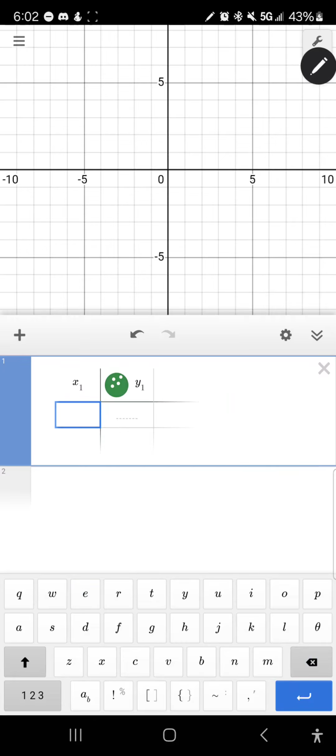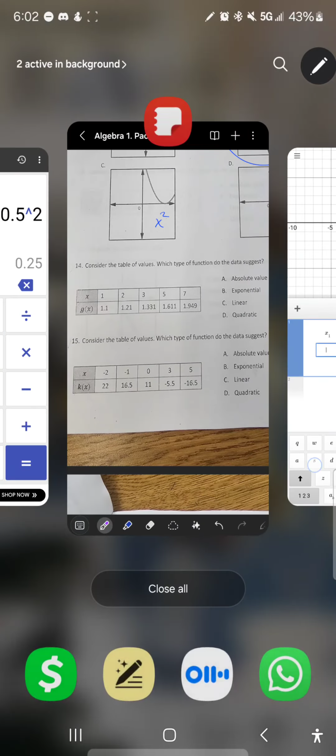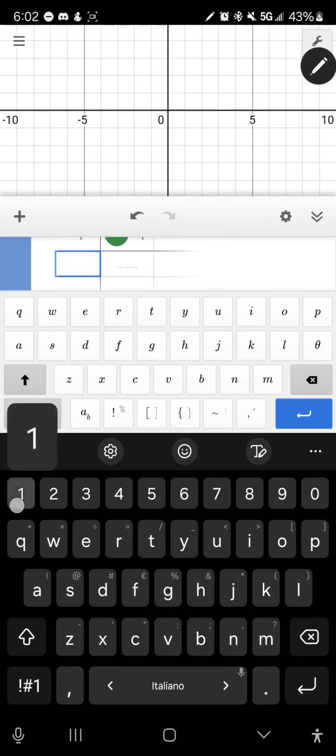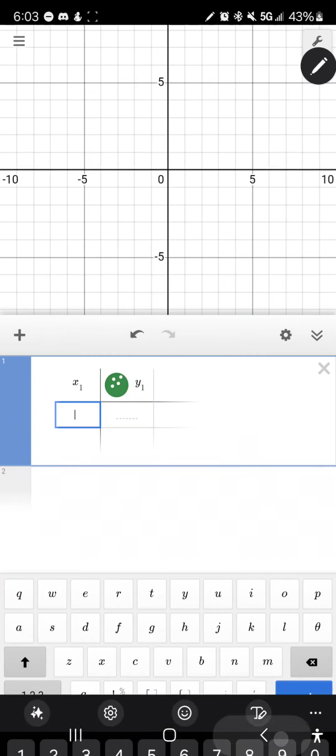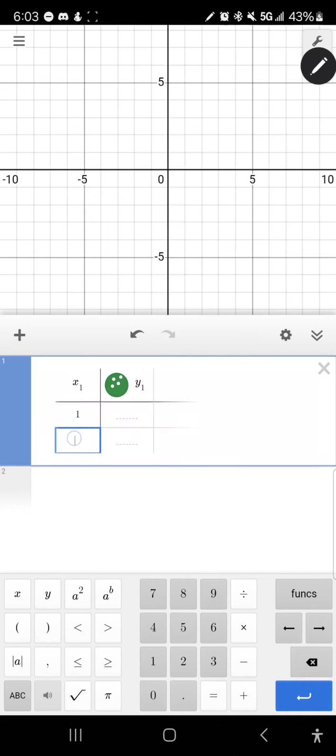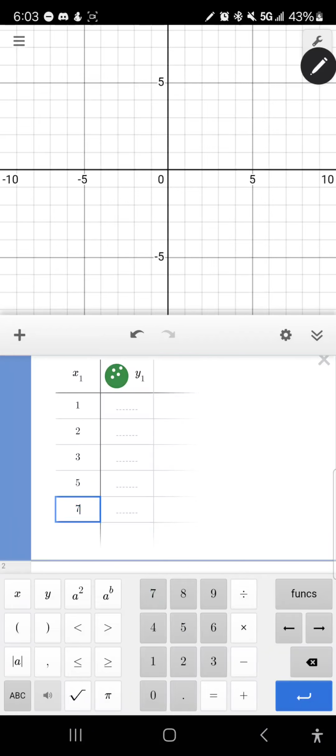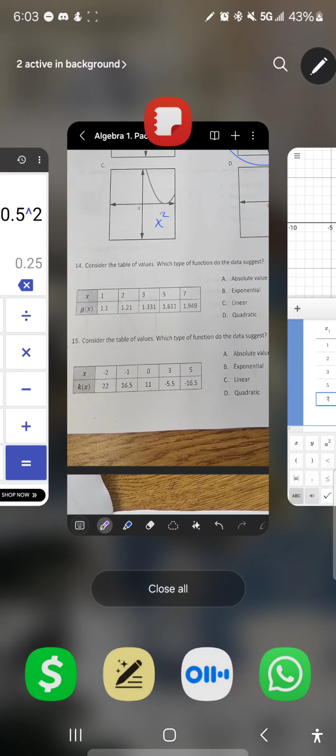You can go to the table and put in the values. The x values will be 1, 2, 3, 5, and 7, right? Yep.